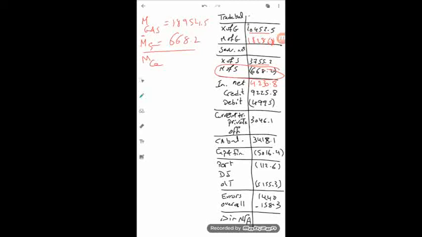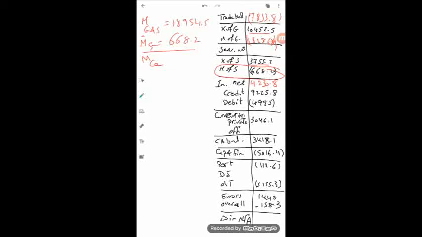Then you have to add export of goods and import of goods, each one with its own sign, to find trade balance. It will be negative 7,833.8.